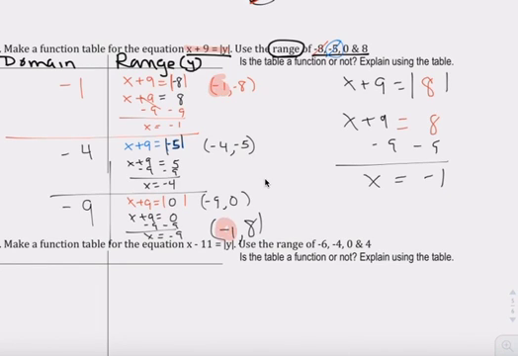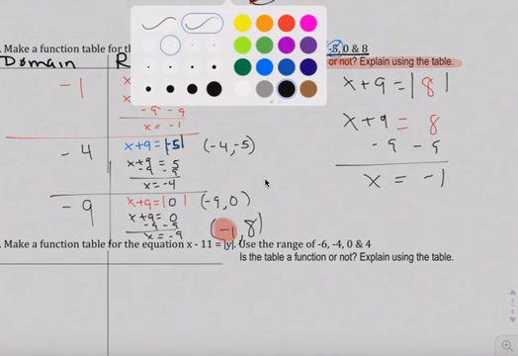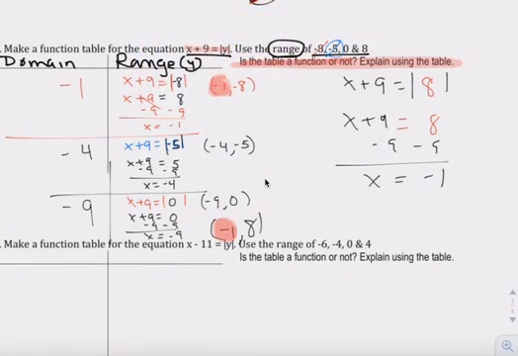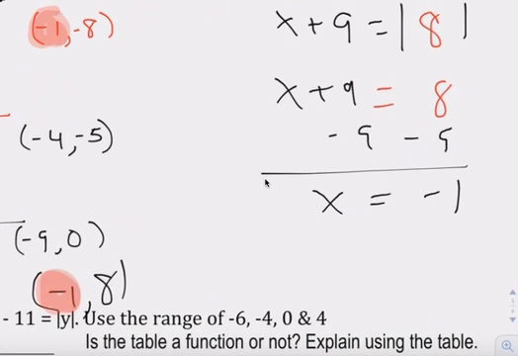Domain repeats. Is the table a function or not? Explain using the table. I will have that on the test, either the table or the graph. Okay. This is not a function because the domain of -1 repeats.